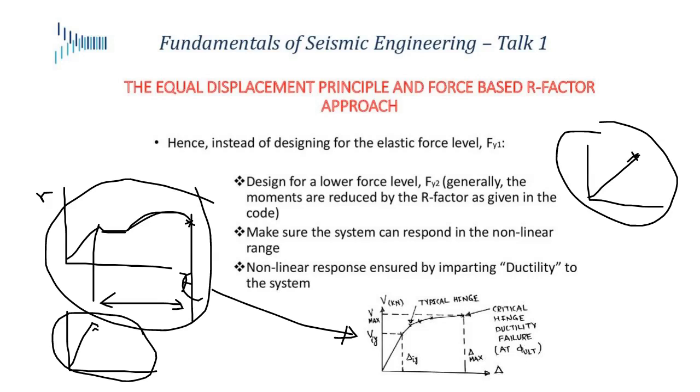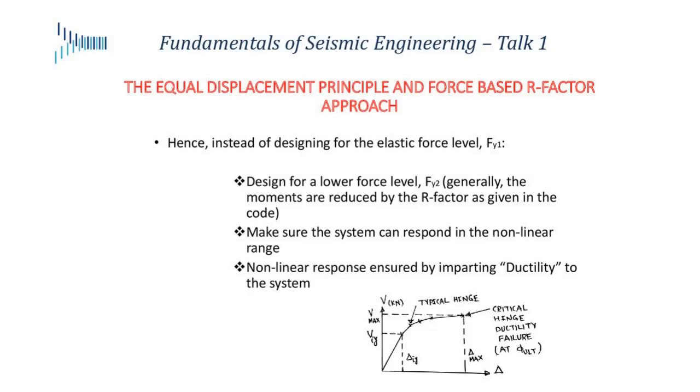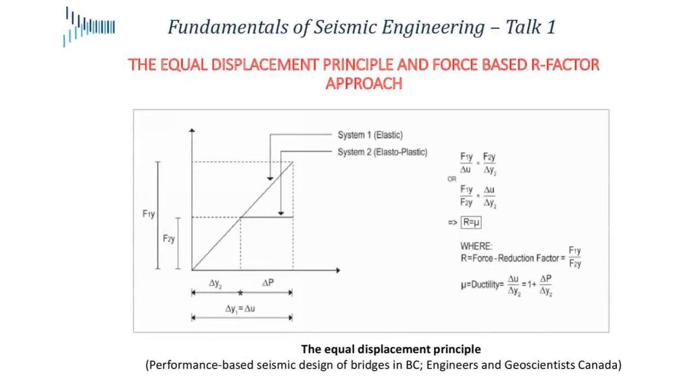Okay? So strength is good. We need to have some basic strength in the system. Beyond that, you are looking to have ductility in your system. Okay, so let me just have a look and see if I've explained everything.